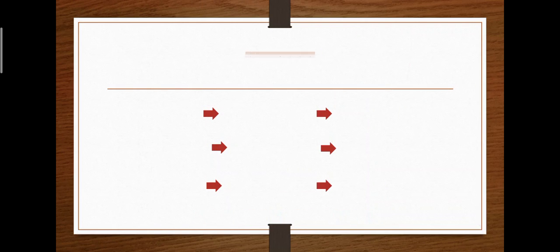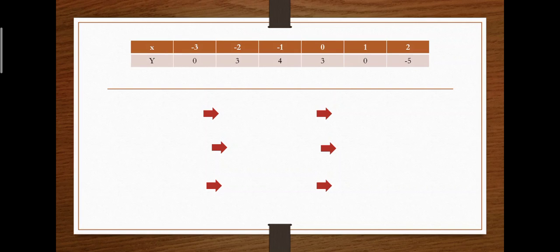Next is, what if the given is table of values? So, sa table of values, pipili lang kayo ng tatlong points. So, pwedeng ito. Basta tatlo lang yung pipiliin yung points.